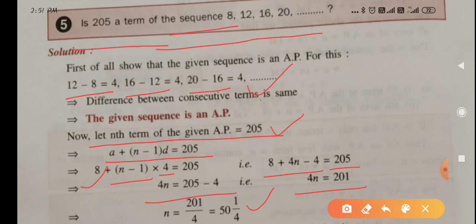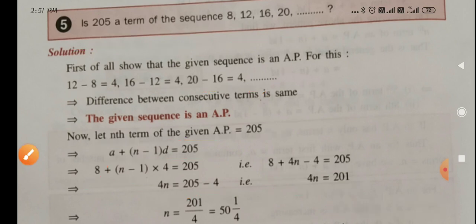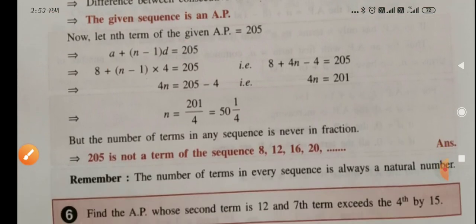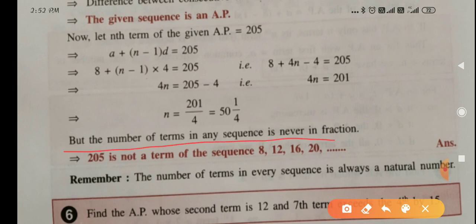So the value of n is not a natural number. If it is not a natural number, it means that 205 is not a term of the given sequence or given AP. The number of terms in any sequence is never a fraction. So 205 is not a term of the sequence.